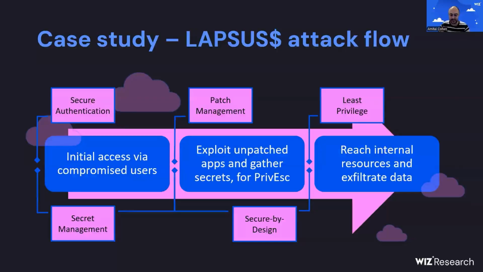And obviously least privilege, which is hard to achieve, but when done well, can be very, very effective because it means that unless the threat actor actually manages to compromise a very privileged user, they are not going to get much success when they try to steal things from the environment.